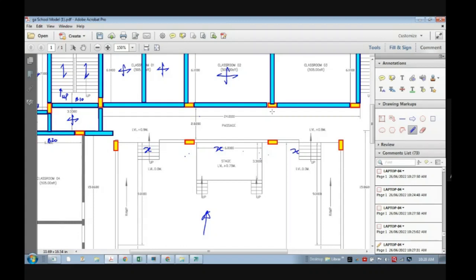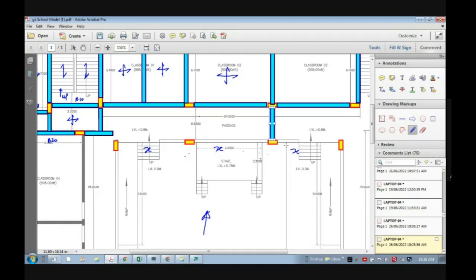But now see, whenever you provide the column in front of this, why I'm doing this is just to keep the beam here. If I want to provide a beam over here, then it will be easy for me to rest it on the columns.